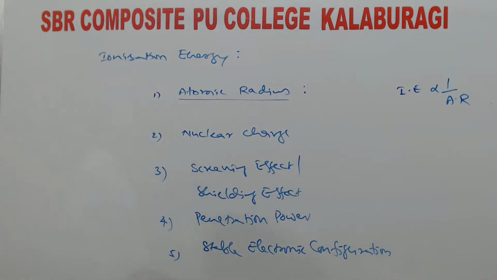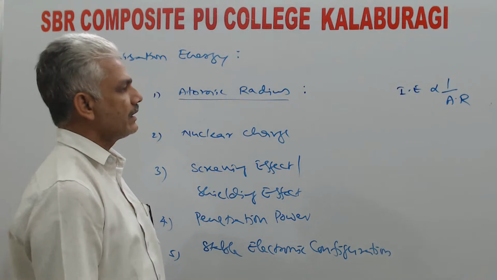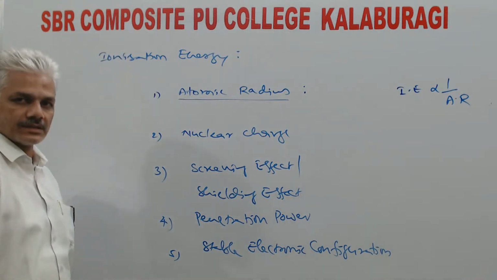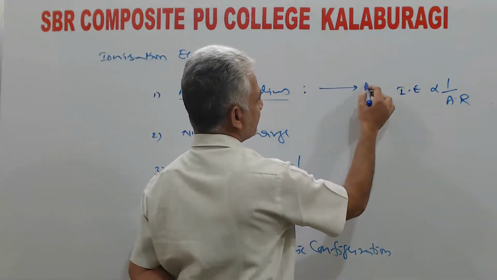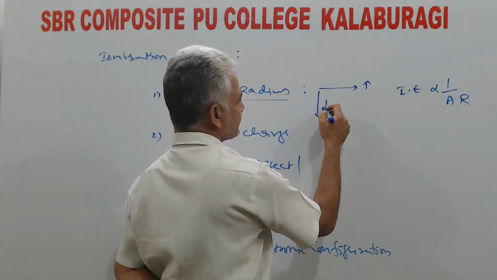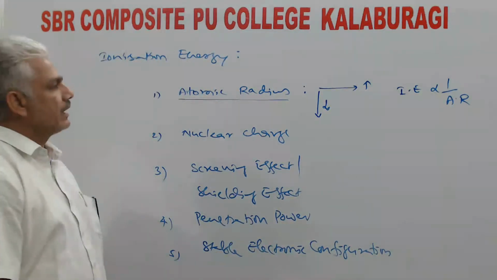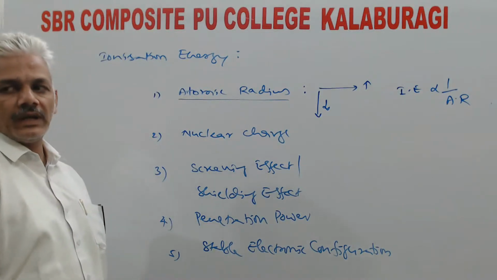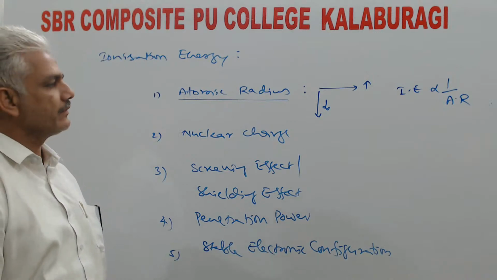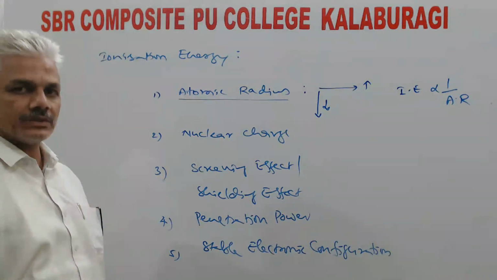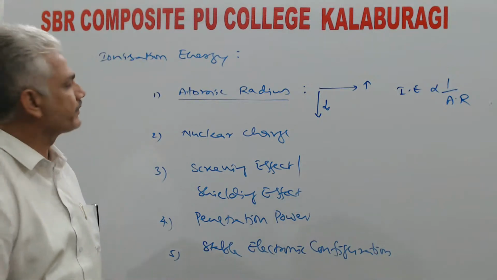So, along a period, atomic radius decreases and down the group, atomic radius increases. That is why ionization energy value increases along a period and decreases down the group. In a given period, the element belonging to 1A group will have the smallest ionization energy value, whereas the element belonging to 0 group will have the highest ionization energy value.